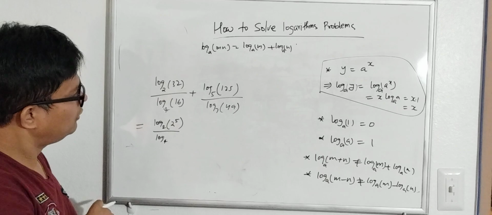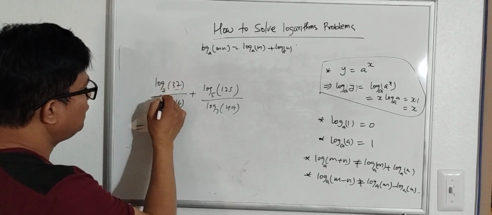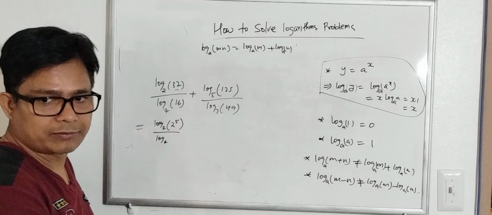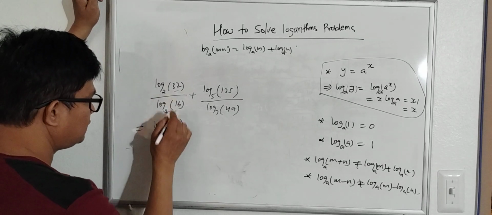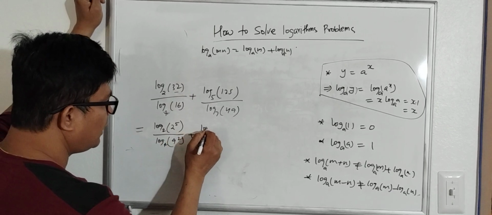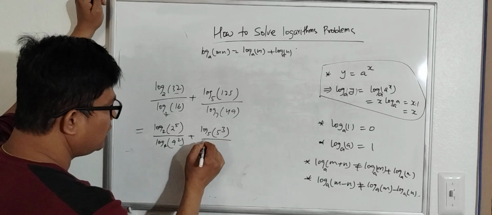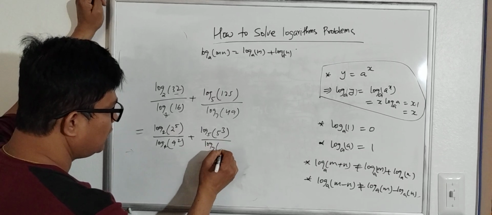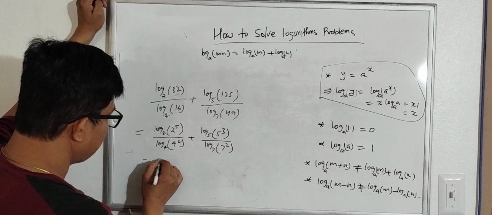When you have different bases, just try to convert the given number in terms of the base and then solve it. So here my base is 4, I will make 16 as 4 squared, and for log base 5, 125 can be written as 5 cubed, and for log base 7, 49 will be 7 squared, correct?